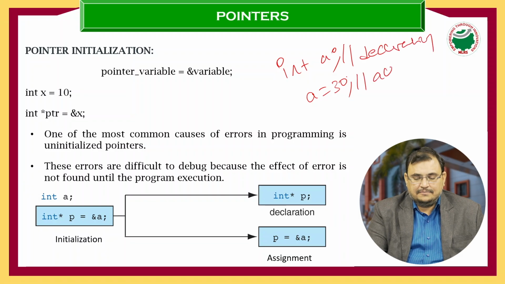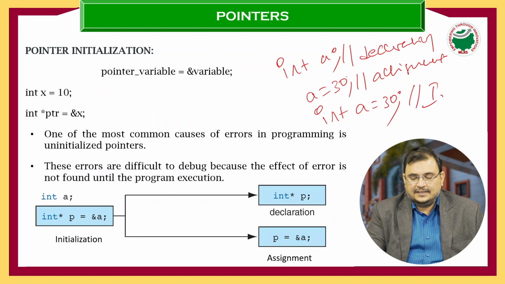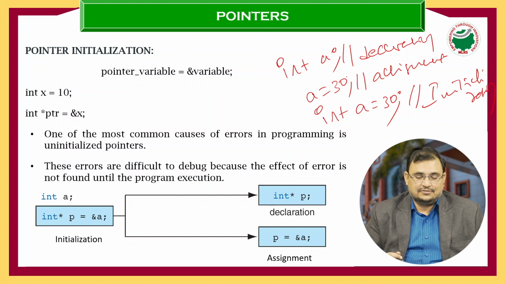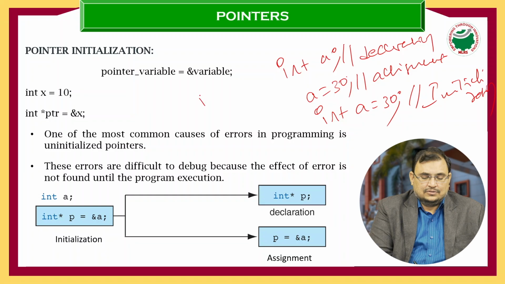This is called assignment of a variable. Whenever you declare and assign an initial value at the same time, it is called initialization. So like variable declaration, assignment and initialization, we also have pointer declaration. The declaration of a pointer is int *p.